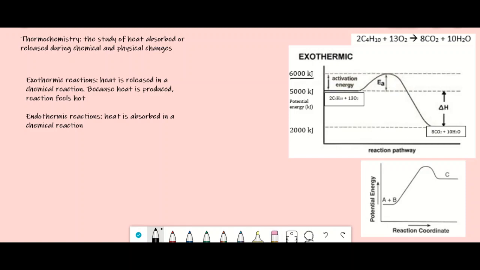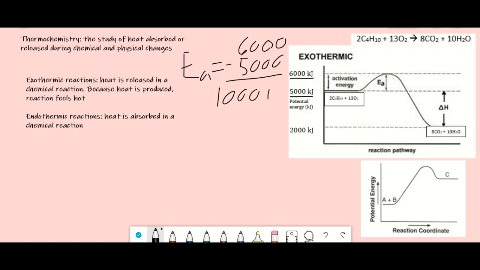We have the 6,000 kilojoules, and remember we started at 5,000 kilojoules. So our activation energy, EA, is equal to 6,000 minus 5,000, which is equal to 1,000, and don't forget this is in kilojoules.